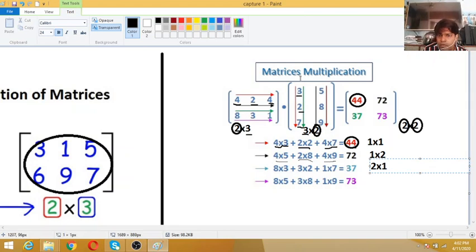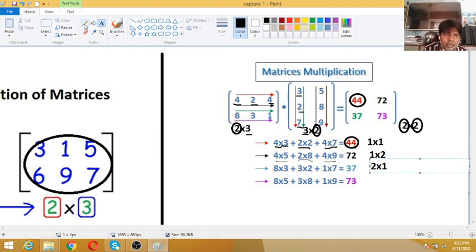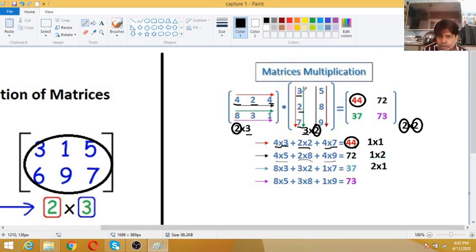Second row with the first column. So it is very simple. Now you understand. It is 8 into 3, 24 here. Then 3 into 2, 6. Then 1 into 7. So multiplying and adding, you get 37.